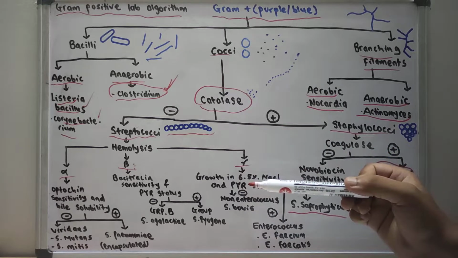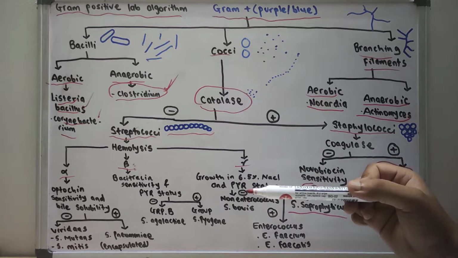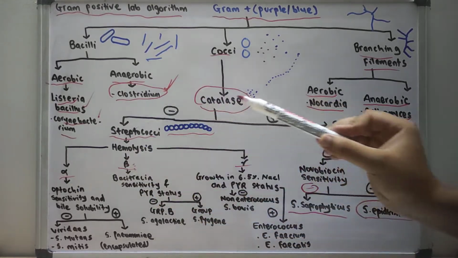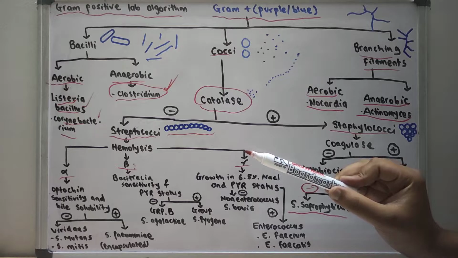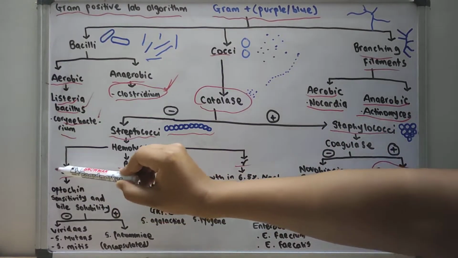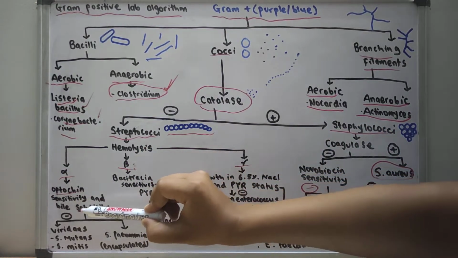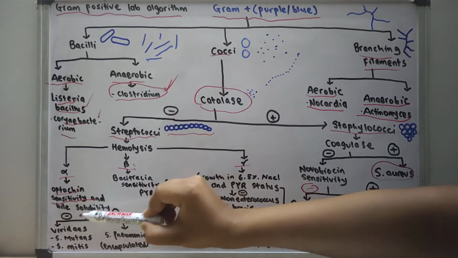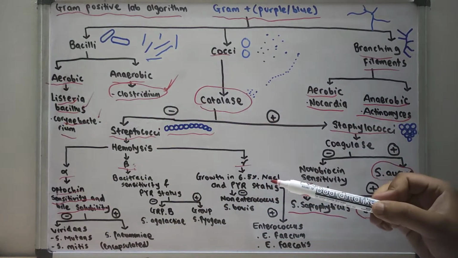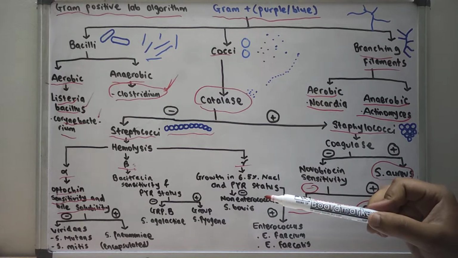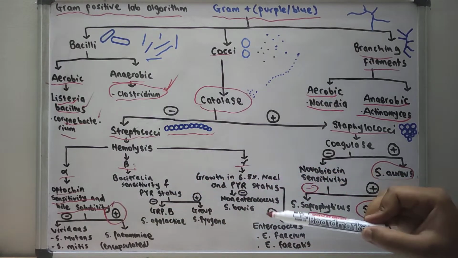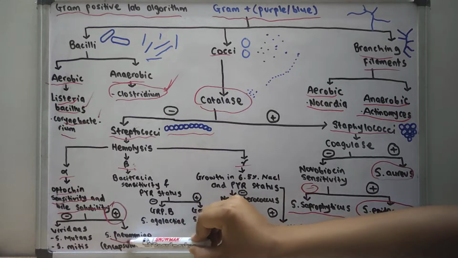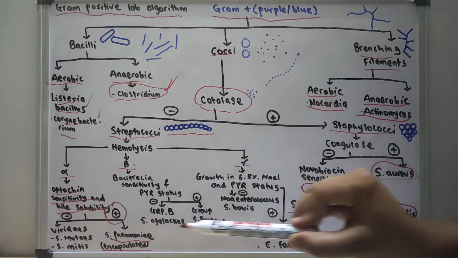First of all, let us talk about the alpha hemolysis streptococci. The alpha hemolysis streptococci is again divided on the basis of optochin sensitivity and bile solubility. Optochin sensitive and bile soluble streptococci are Streptococcus pneumoniae, which is encapsulated.